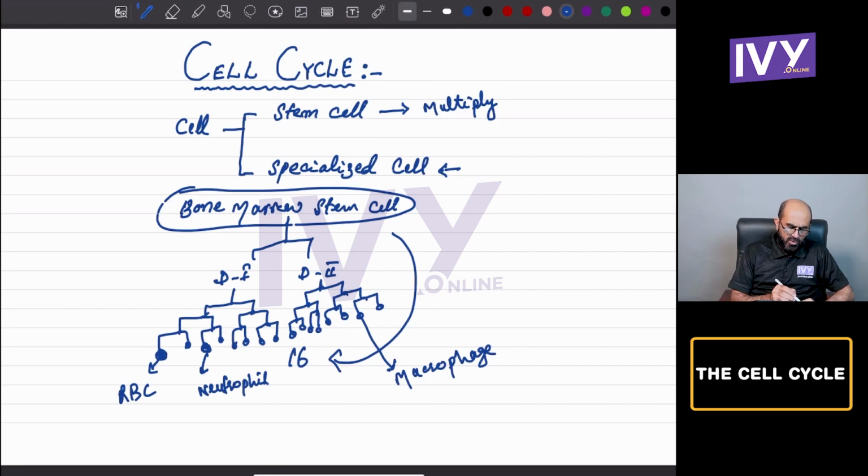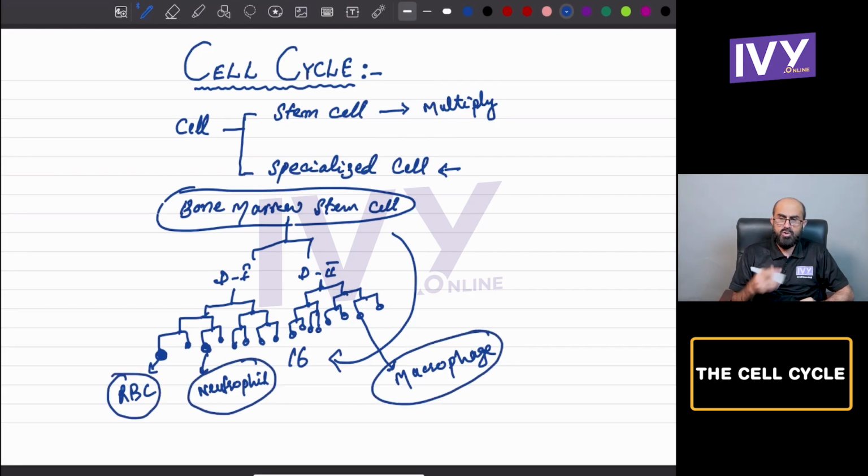So, RBC, neutrophil, and macrophage don't have the potential to produce more macrophages or more neutrophils. It means that specialized cells don't have the potential to produce identical cells like the stem cells.